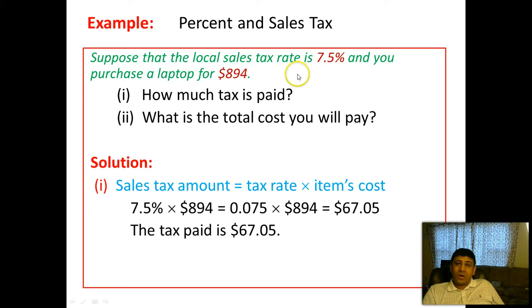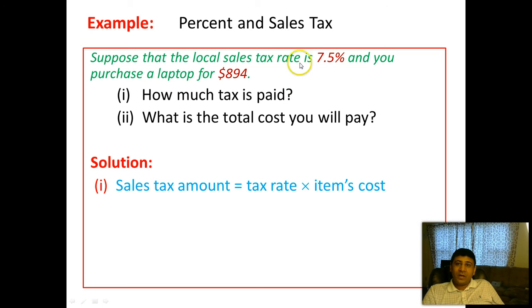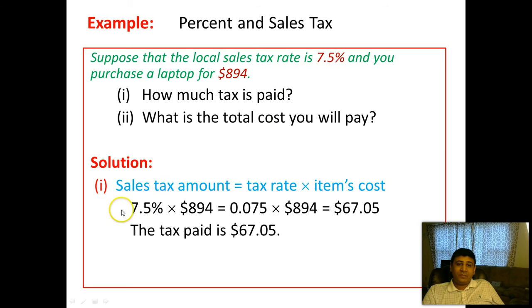You move the decimal two places to the left, so your 7.5 tax rate becomes 0.075. Then you multiply it with the item's cost, and it comes out to be 67.05. So your tax is $67.05. This is the tax on your $894 laptop.